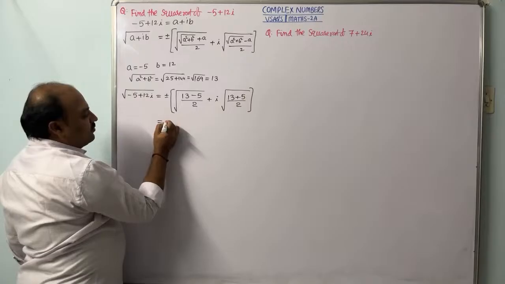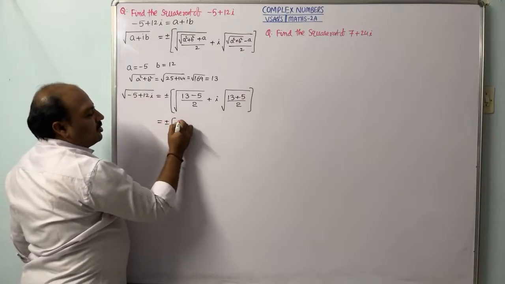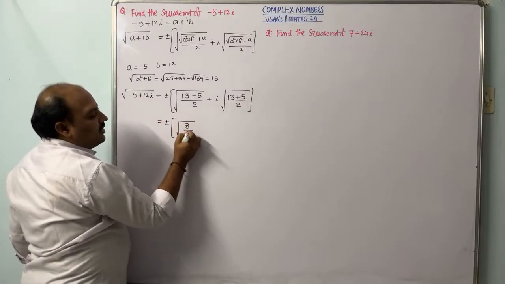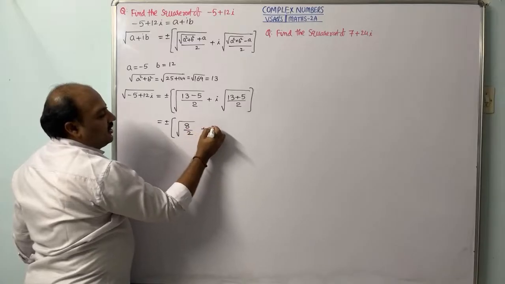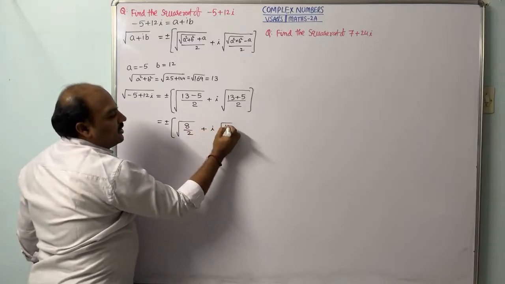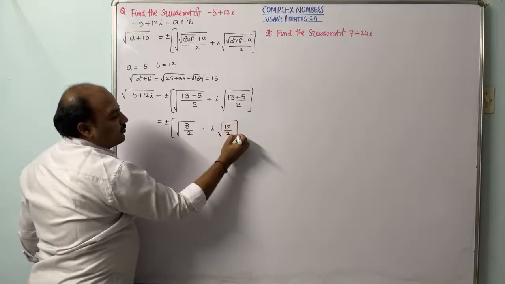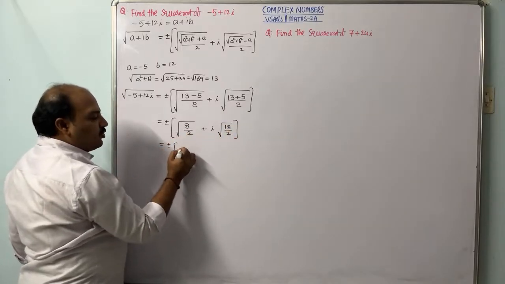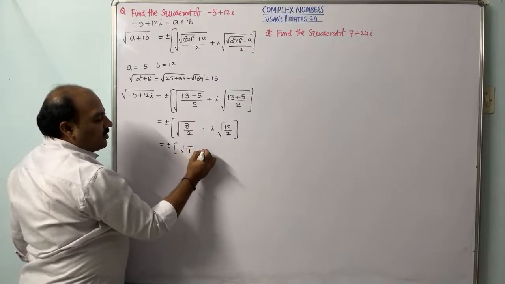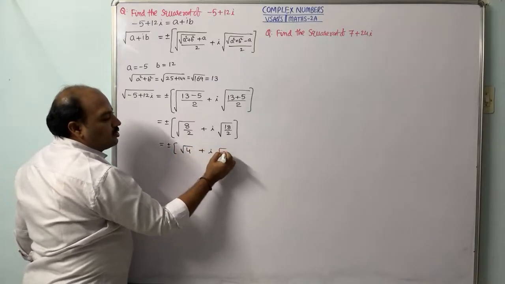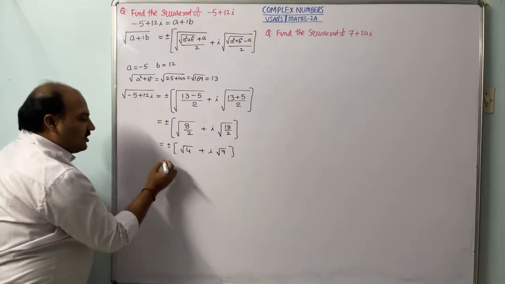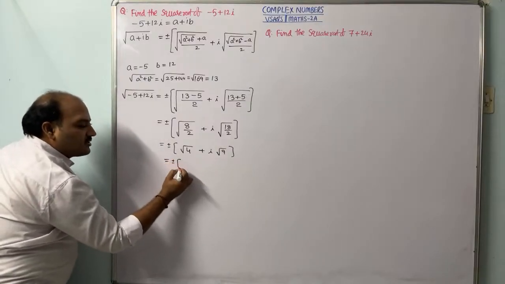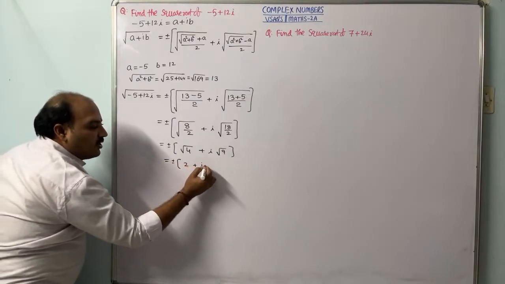So which is equal to plus or minus root of 8 divided by 2, plus i into root 18 divided by 2. Which is equal to plus or minus root 4 plus i into root 9.